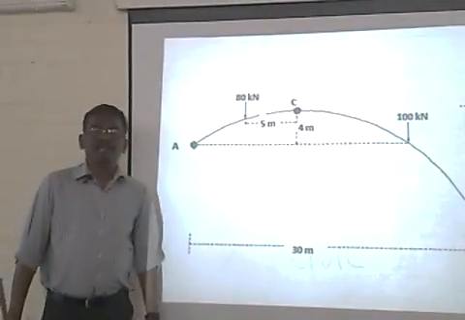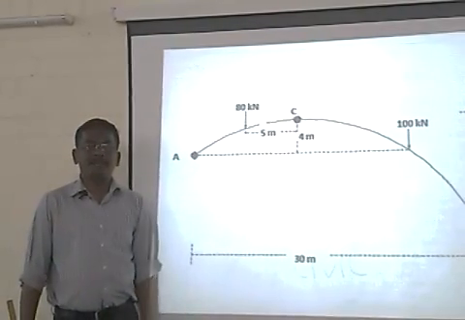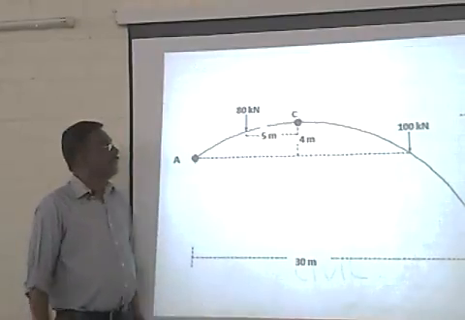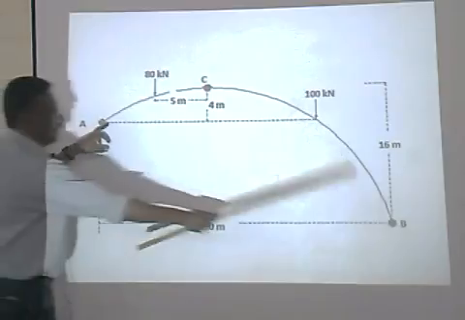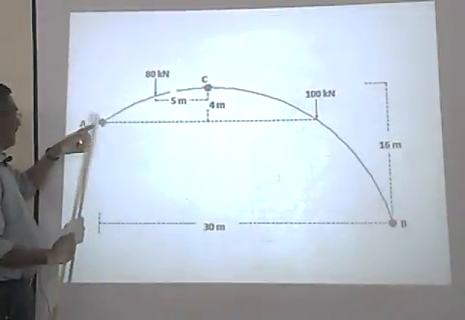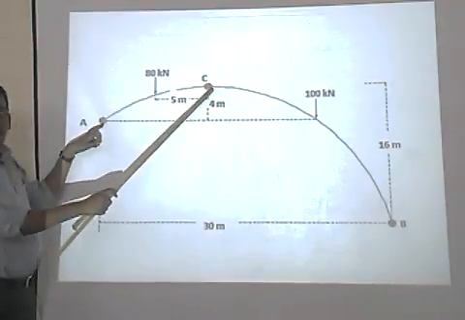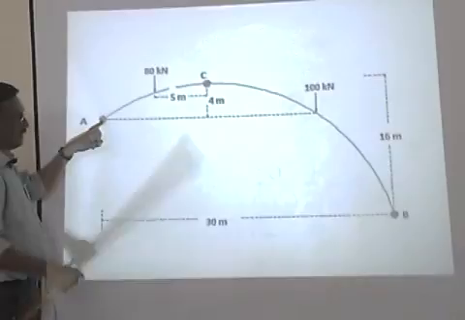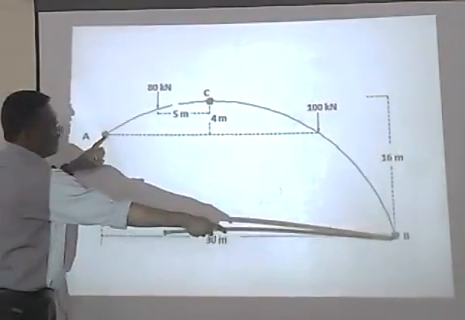After writing down the given data, the things to be found out are noted. We have to incorporate all the given data into the diagram. So coming back to the diagram, this is the given arch, this is the left support A, this is the right support B, and this is crown C. Crown C is 4 meter above the left support. At the same time, crown C is 16 meters above the right support.